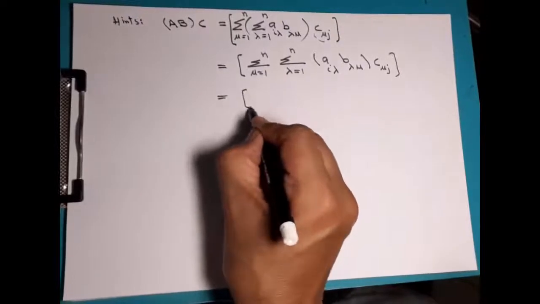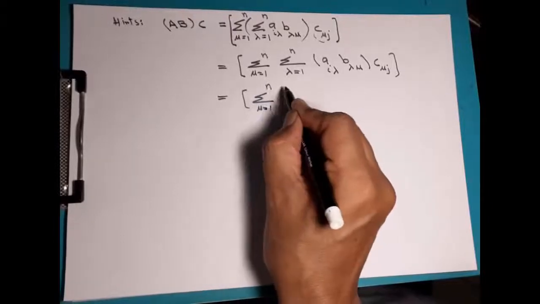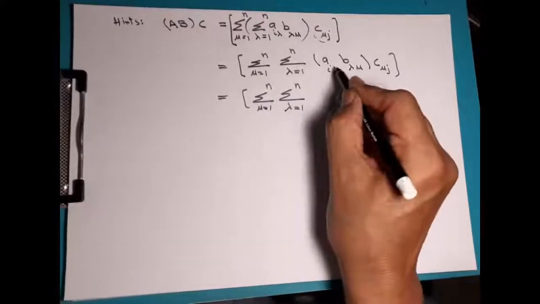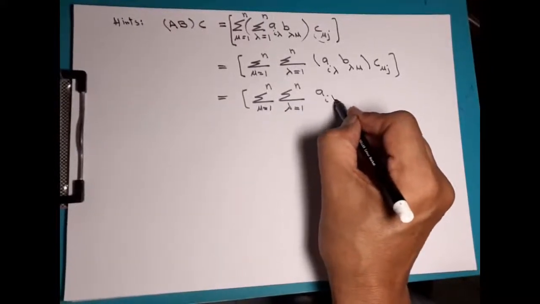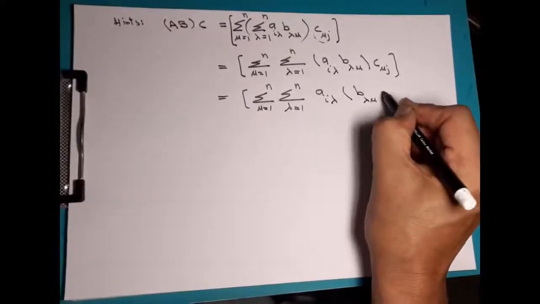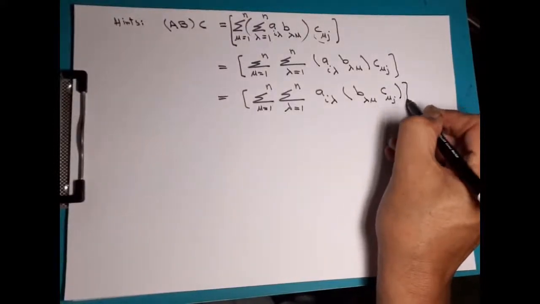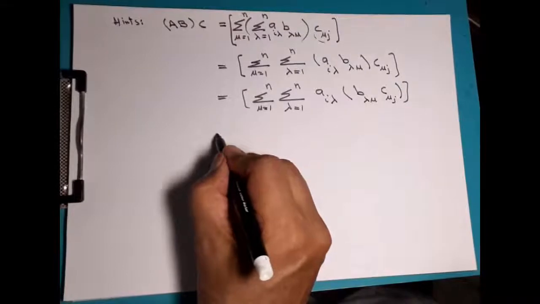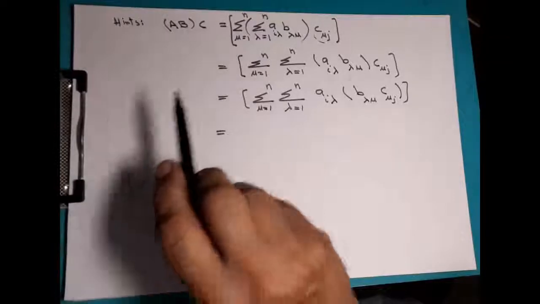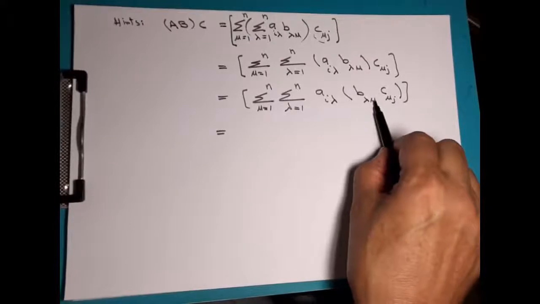So this is equal to sigma μ varies from 1 to n, sigma λ varies from 1 to n, and then A_iλ multiplied with B_λμ C_μj, associativity. And this is equal to, now just note that μ is only in these two terms.